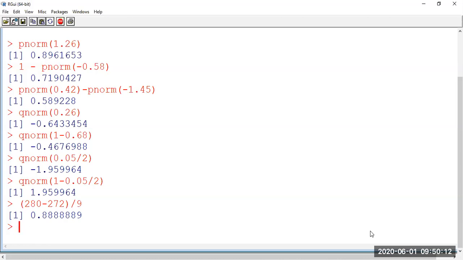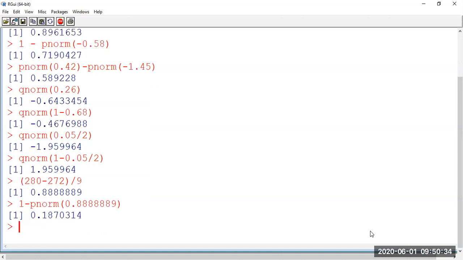So let's start with using that Z-score: 1 minus pnorm of 0.88886, and I get a probability equal to 0.1870.